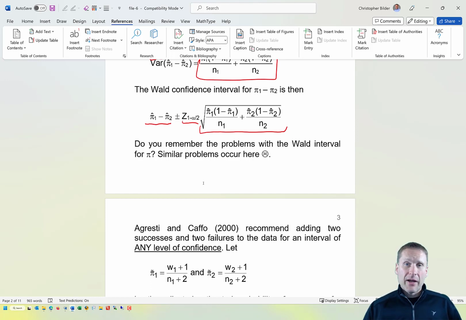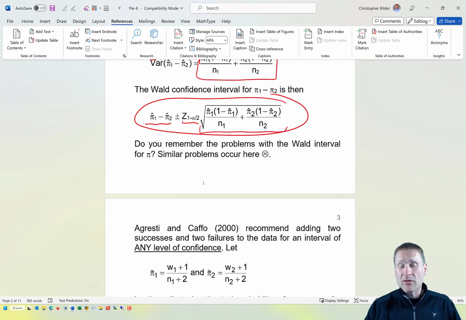And as you might expect from this name for Wald confidence interval, now for pi1 minus pi2, the same thing occurs here, unfortunately. So despite this interval often being taught in introductory statistics courses, I would expect that a lot of you have already seen this interval before, maybe not talked about how it came about though. Despite it often being talked about in these introductory statistics courses, this interval should not be used in practice.